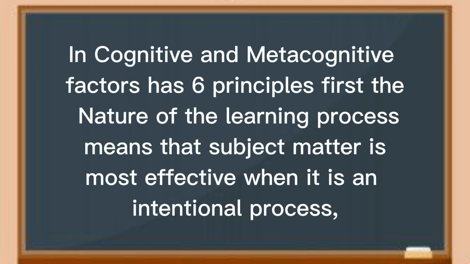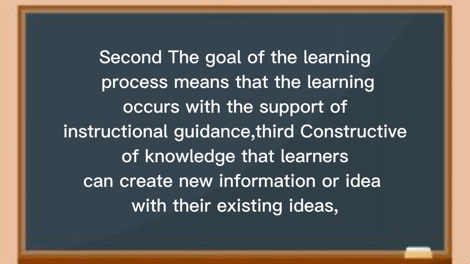First, the nature of the learning process means that subject matter is most effective when it is an intentional process. Second, the goal of the learning process means that learning occurs with the support of instructional guidance. Third, construction of knowledge, that learners can create new information or ideas with their existing learnings.